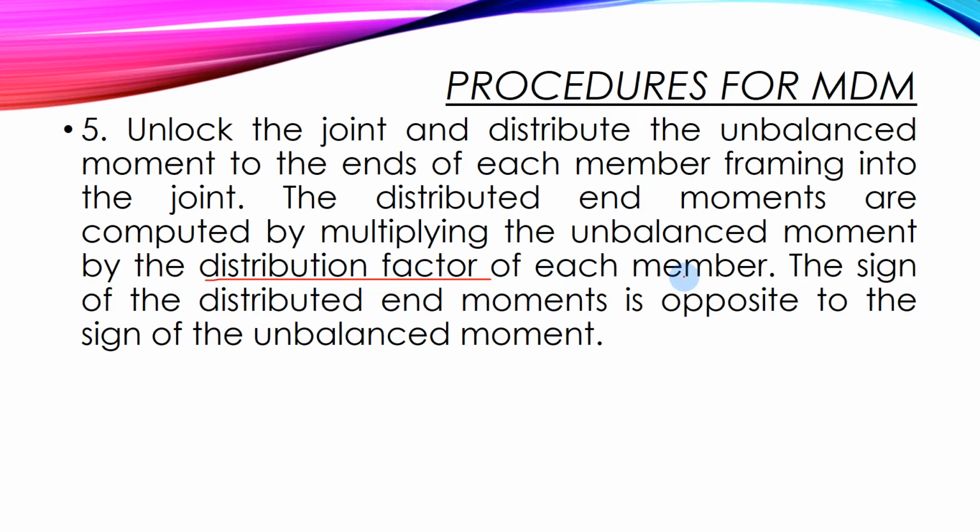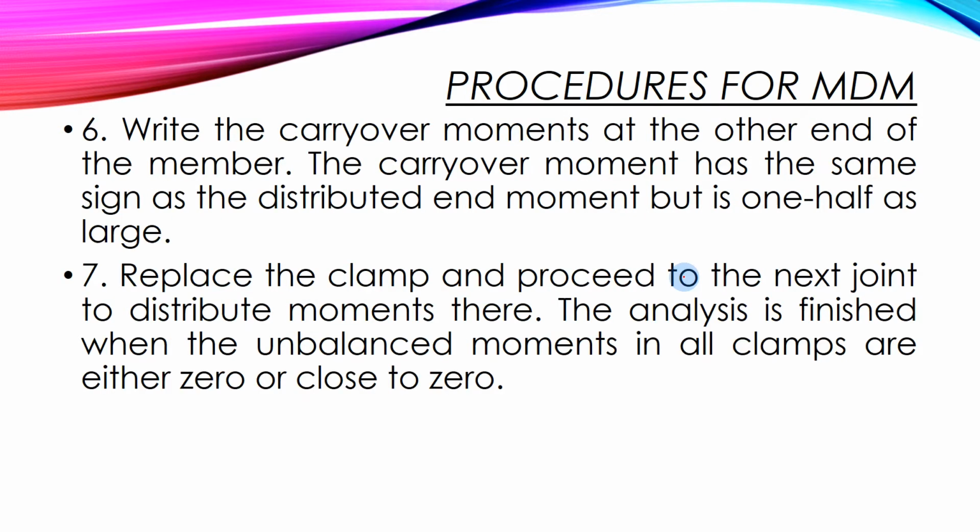Okay, so the sign of the distributed end moments is opposite to the sign of the unbalanced moment. 6. Write the carryover moments. Okay, so at the other end of the member, the carryover moment has the same sign as the distributed end moments, but is 1/2 as large.